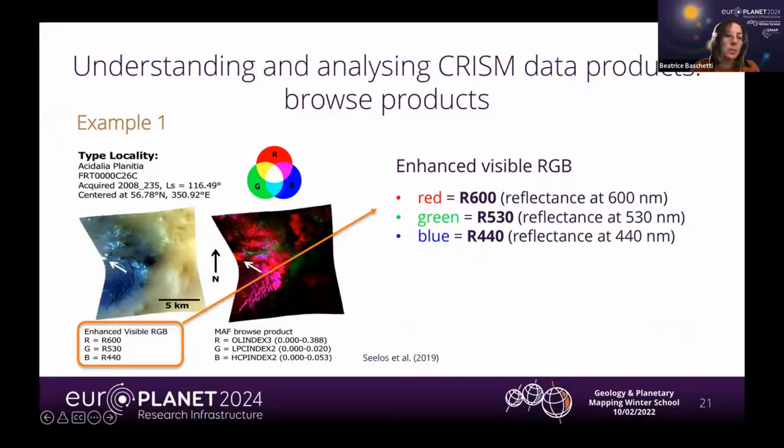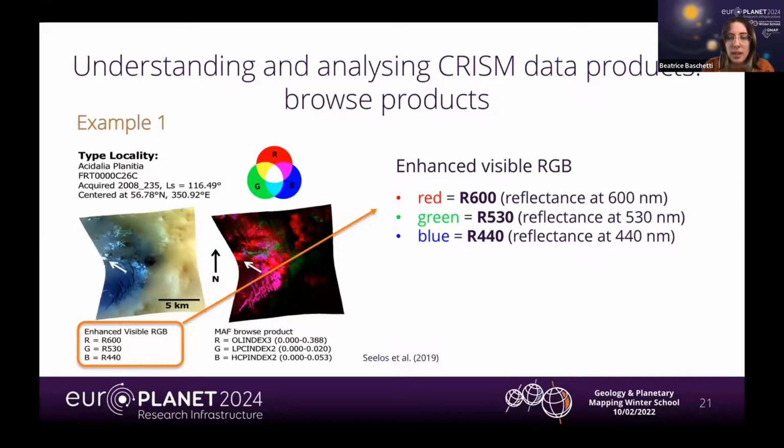And this first image is just a visible RGB image. It combines the reflectance values at red, green, and blue wavelengths, so that you get an image of the surface as it can be seen by the human eye.